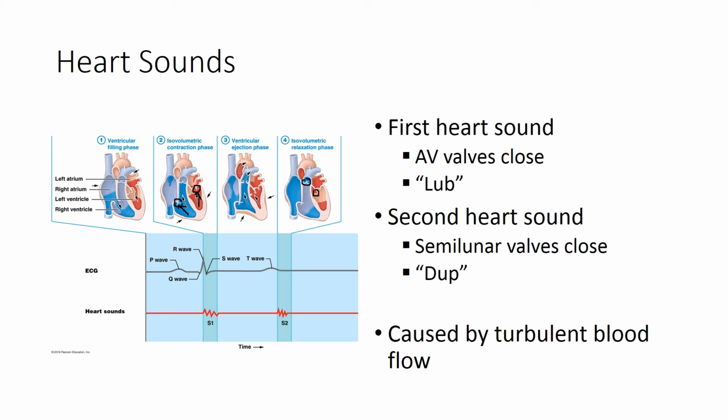So that's related to this second heart sound right here, the dup. And again, this is preventing the backflow of blood into the ventricles. So that's happening right at the beginning of that relaxation phase.